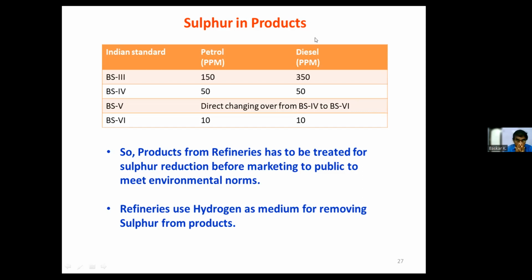So the products from refineries have to be treated for sulfur reduction before marketing to the public, to meet environmental norms. See what happens: I told you the isomerisation unit and the reformer unit will meet the entire product specification of octane and others, except for sulfur. So for sulfur, the product has to be treated again. So refineries use hydrogen as a medium for removing sulfur material.